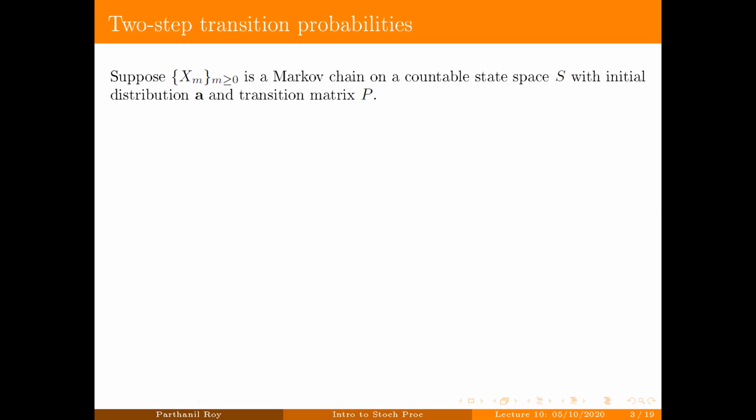Okay, so we start with such a Markov chain on a countable state space S, initial distribution A, and a transition matrix P. Now we are going to compute what is called a two-step transition probability. We already know what are the one-step transition probabilities.